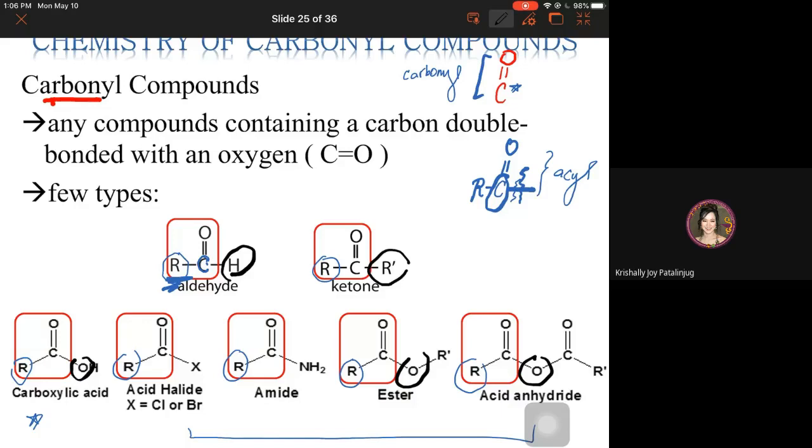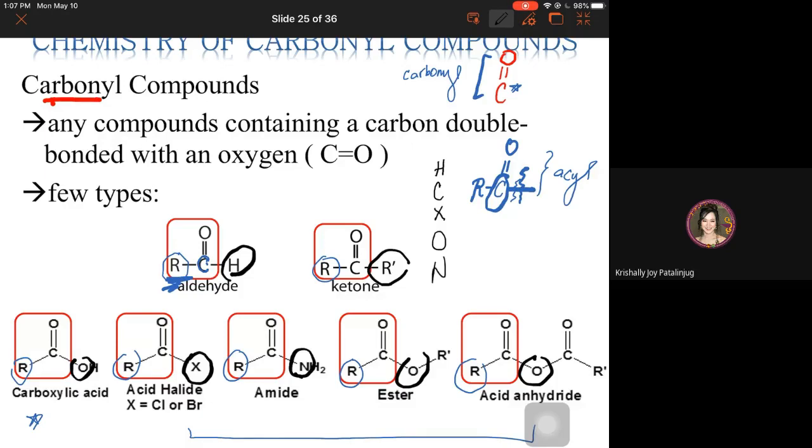Pwedeng halogen, or a nitrogen. So again, the other substituent is pwedeng bonded directly to hydrogen, carbon, any halogen, pwedeng chlorine, bromine, oxygen, nitrogen.